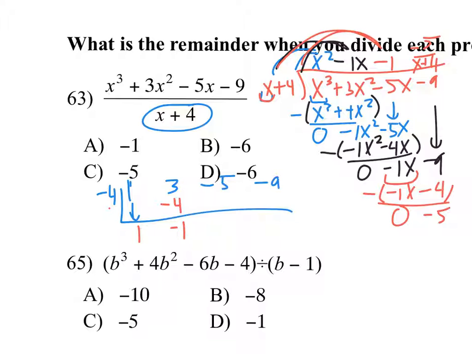Gives us -1. -4 times -1 is 4. -5 plus 4 is going to be -1. -4 times -1 is going to be positive 4. Leaving us with -5 as our remainder. So we've got negative 5 over x plus 4. Then we get the number, so minus 1, minus 1x for our x, and 1x squared for our x squared.